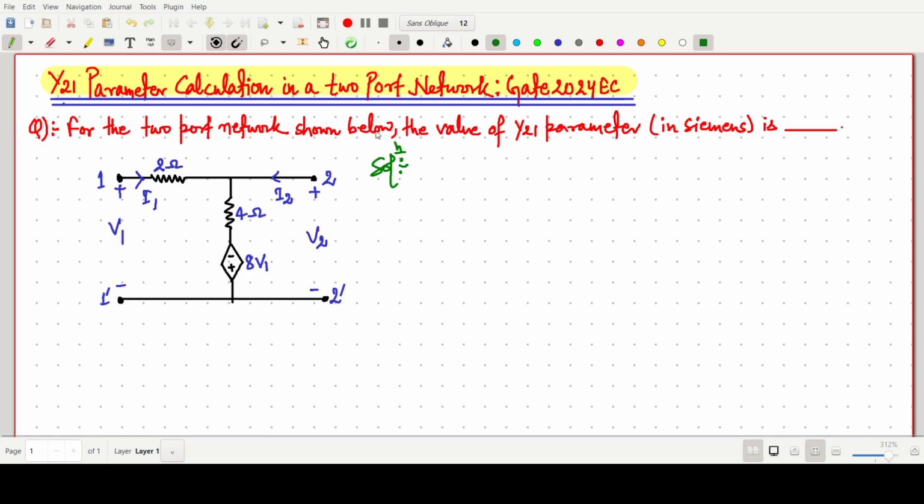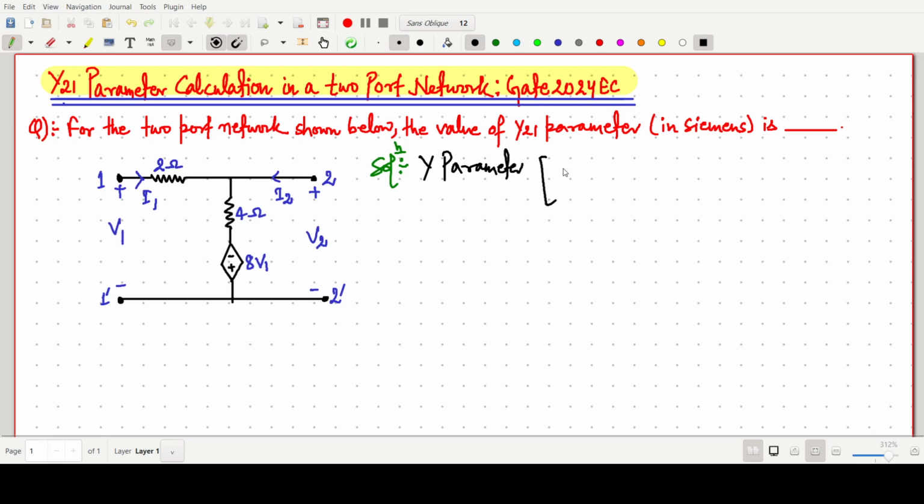Before solving this question, the first thing that we have to write is our Y parameter matrix, because this is the very fundamental step.